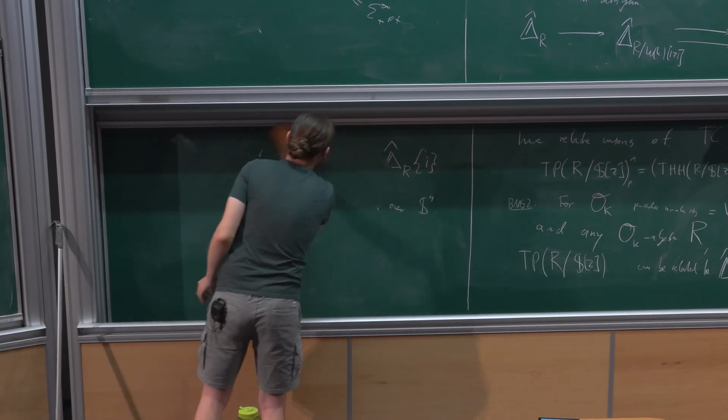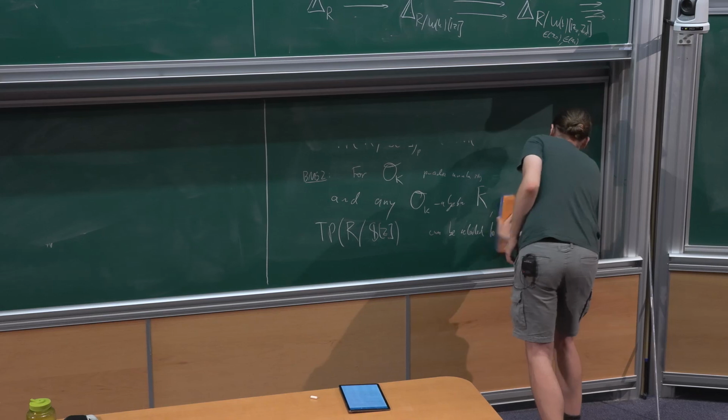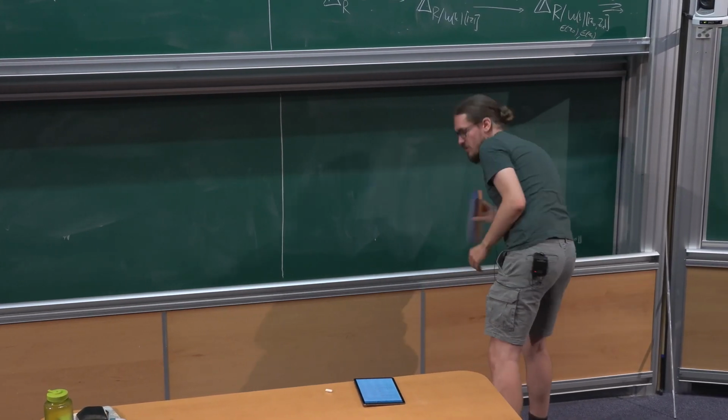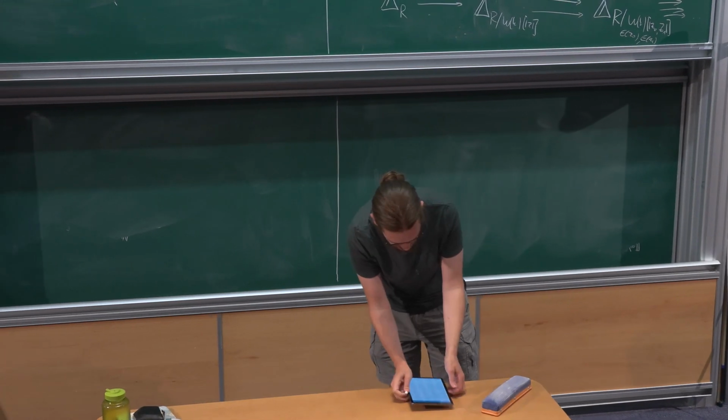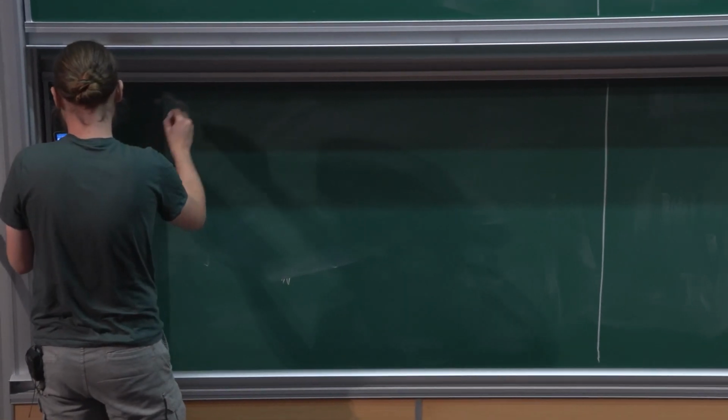So there is a well-behaved notion of prismatic cohomology of such delta pairs. And let me give you a bunch of properties this satisfies.